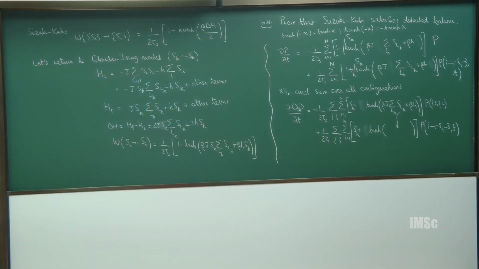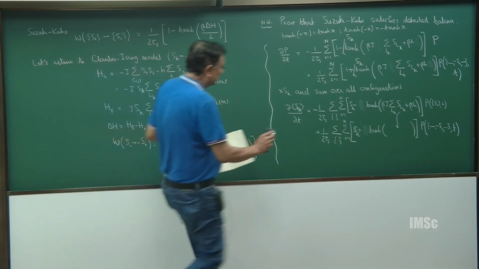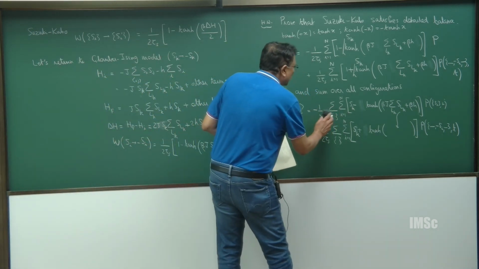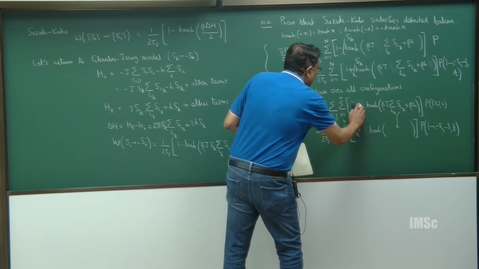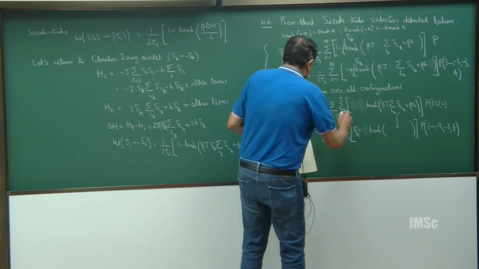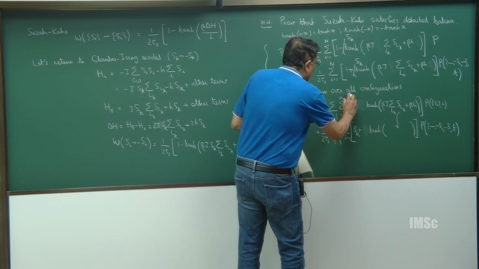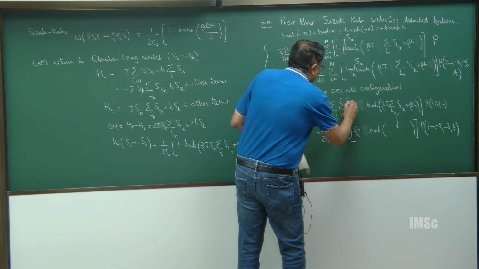So then you don't have an Sk squared as yet. Maybe I should just rewrite this again. So you'll have an Sn outside. Let's do it carefully.